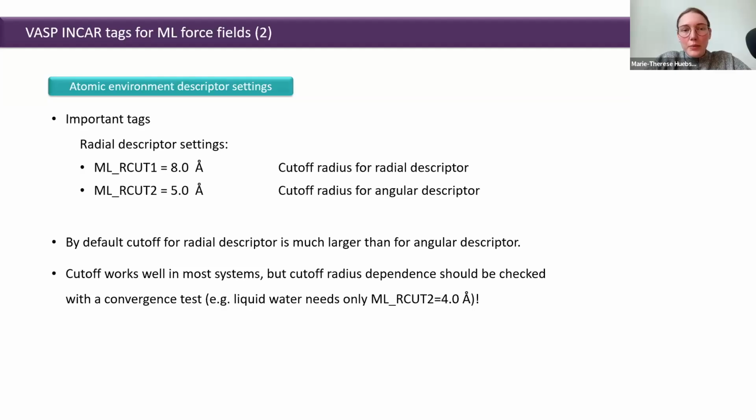Okay, then a question about the kernel function. What is the unit of x in the kernel function? Because it's normalized, there is no unit on that. Which kind of environments are considered to be identical? That is coming back to the definition of descriptors.